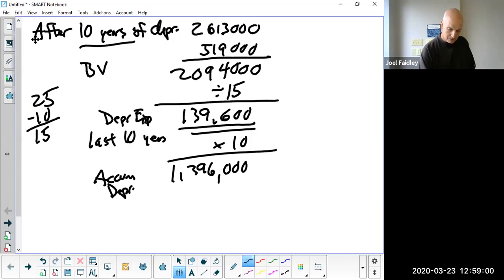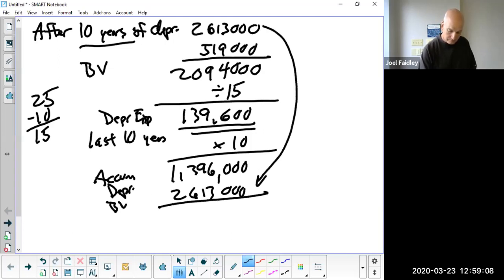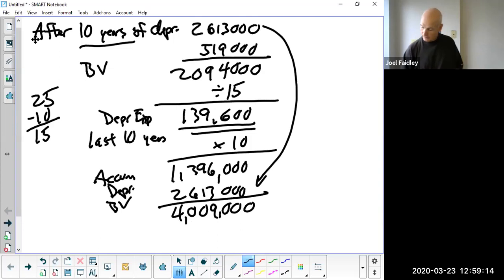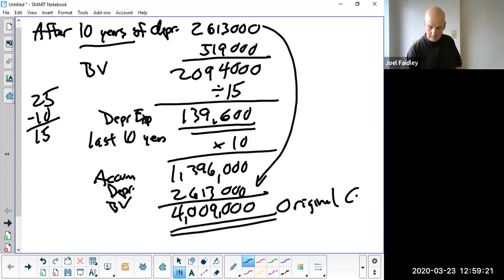All right, and so if I've got 2613 current book value, then that says my original value must be 4,009. That's my original cost. And that's what I wrote down. Yep. A little bit of a puzzle. It's good. Kind of tying in last semester with this semester.